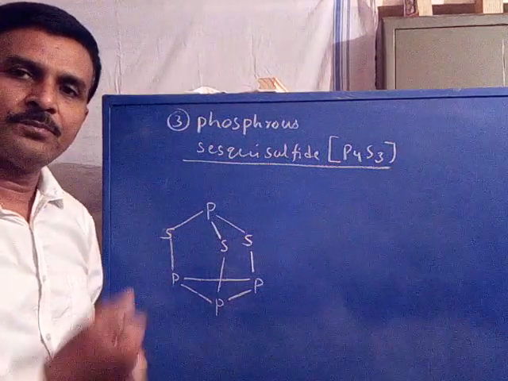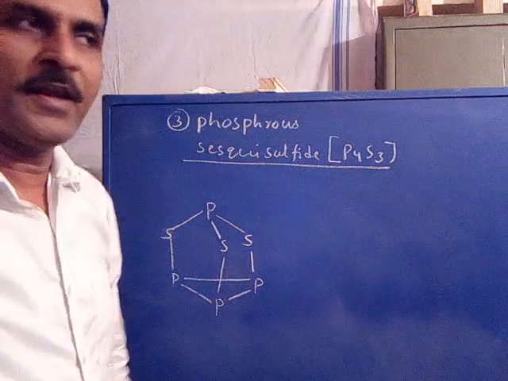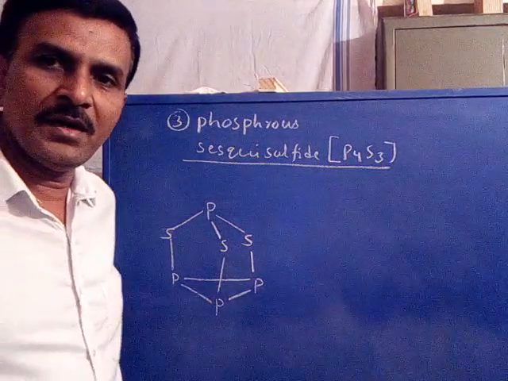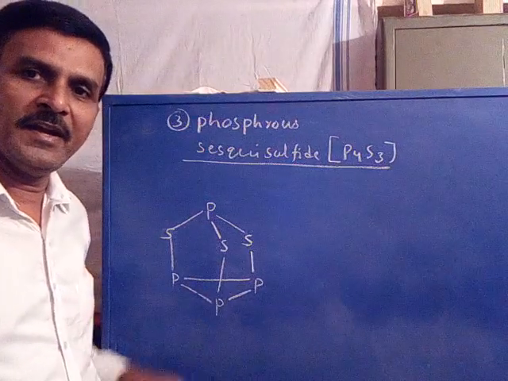Now you observe there are four phosphorus nuclei. Are they equivalent or non-equivalent? Let us identify.